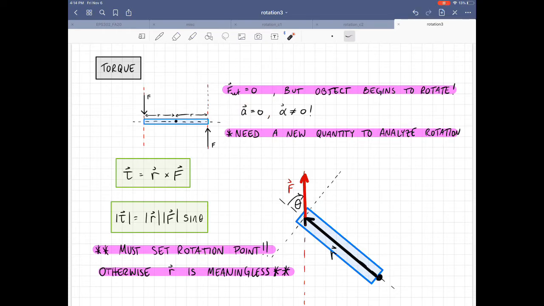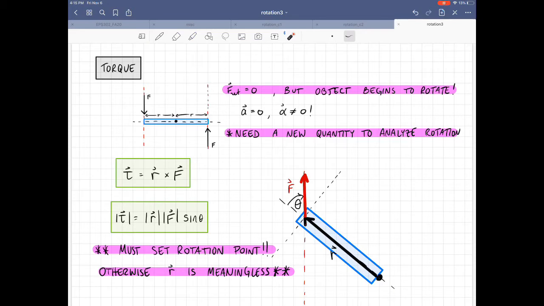But if we think about what actually happens when you apply a force on these opposite edges in the way that I'm doing, this object's going to start to rotate. It's at rest. After I apply these two forces at the locations I've designated, the thing starts to rotate. And so that means there must be an angular acceleration because the object was at rest.